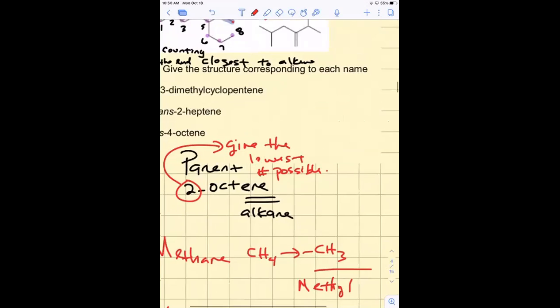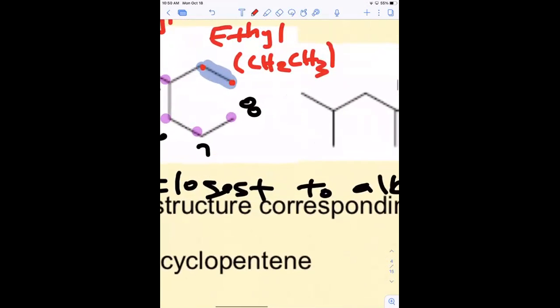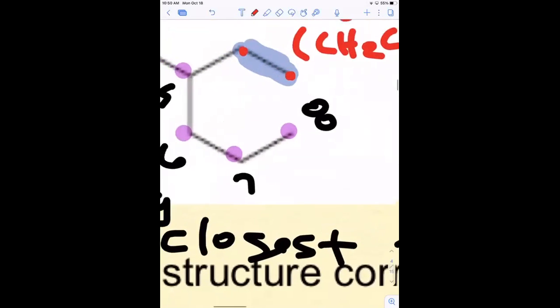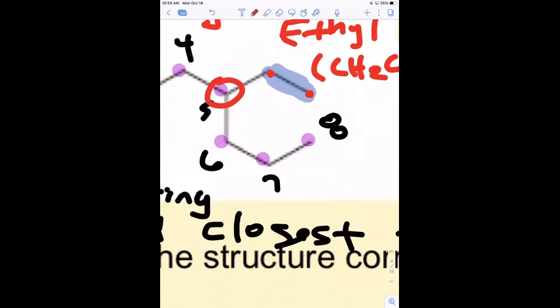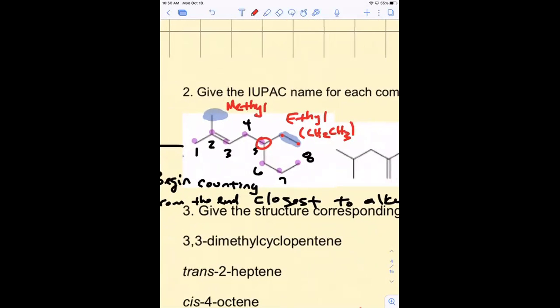Right, and you can see up here that this group right here is 2 carbons. Is that right? Yes, because we're not counting this carbon because that's part of the longest chain, right? That's one of the carbons in my chain. So it's not a 3 carbon chain that's attached to that longest chain. It's a 2 carbon chain.